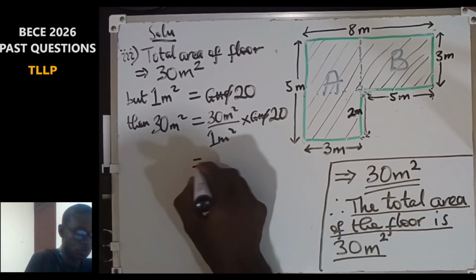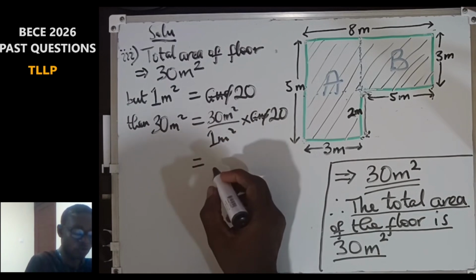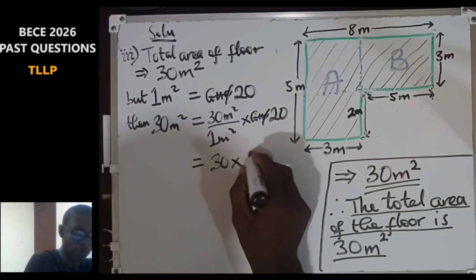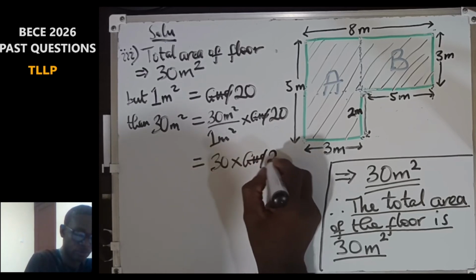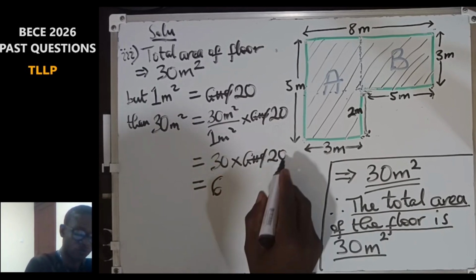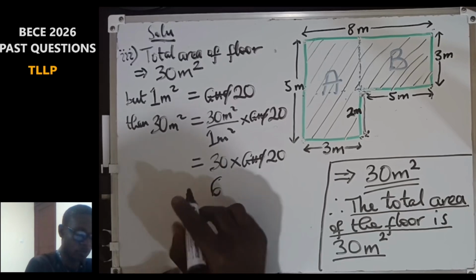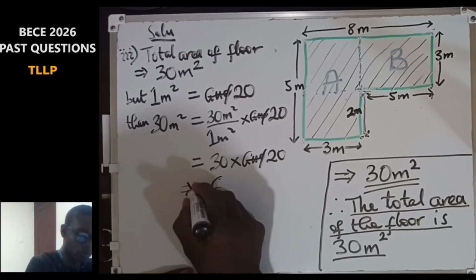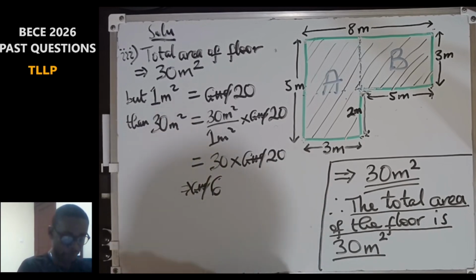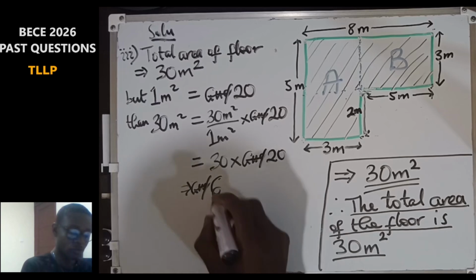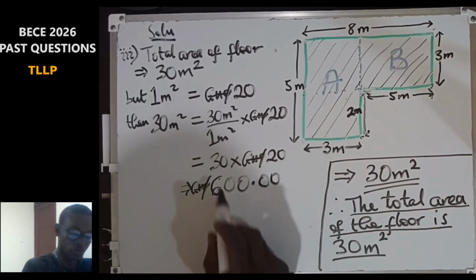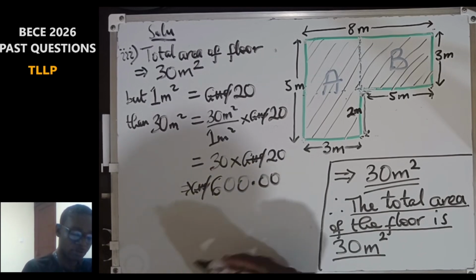And now the meter squared and meter squared will cancel out. 30 over 1 is the same as 30, so we have 30 multiplied by 20 cedis, and 3 times 2 is 6. Then we have 2 zeros here, so I bring my 2 zeros. So it means 30 times 20 is 600.